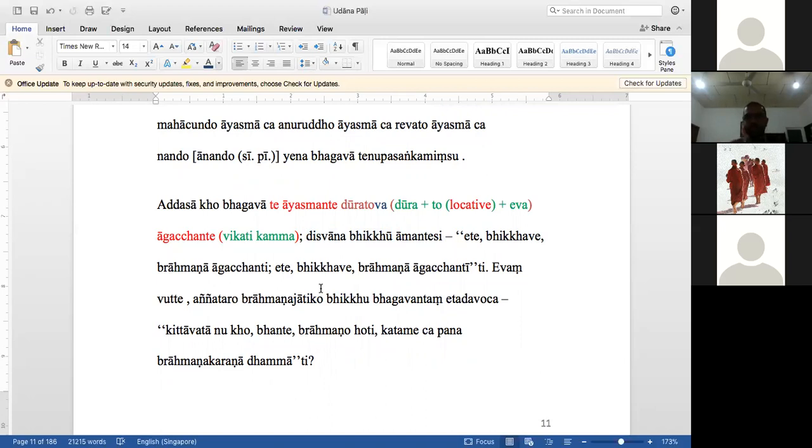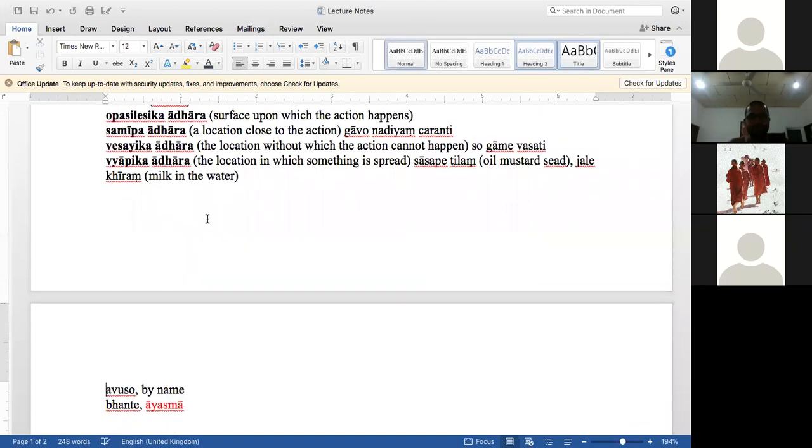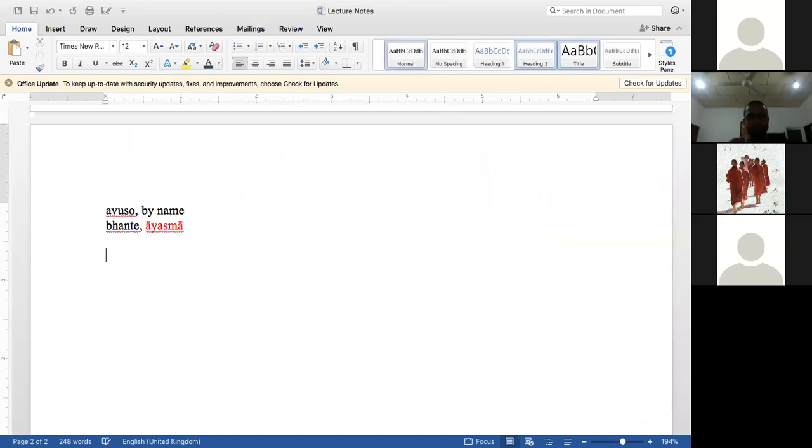So he repeated the same sentence twice; in the tradition this is called āmeḍita vacana. Āmeḍita vacana means you repeat a word or a sentence twice normally, or thrice.